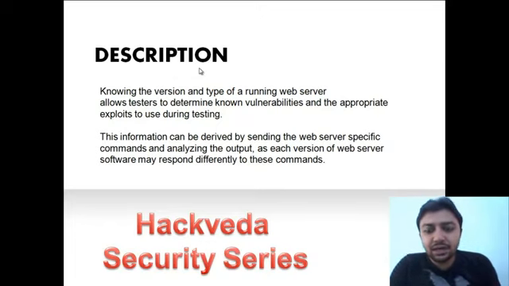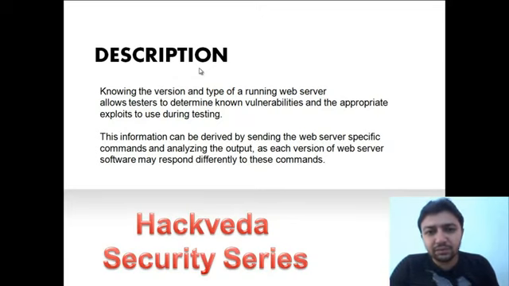This information, that is the output generated after sending the fingerprinting commands, can be derived by sending web server specific commands and analyzing the output, as each version of web server software may respond differently to these commands. Whenever you send a command to a web server, there are various types of web servers. For example, Apache web servers, Microsoft IIS 5.0, 6.0 web servers, then you have Sun web servers, Netscape web servers, and a lot more in the market today.